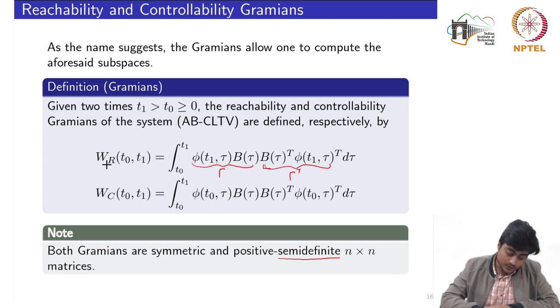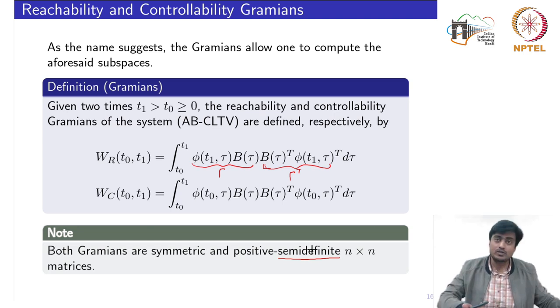Now if I take the transpose of this matrix WR, I again get the integral of gamma into gamma transpose, so this matrix is symmetric. If gamma were a scalar, then it would basically be a square, so it can never be negative; it would definitely be a non-negative number or matrix. That's why we define it as positive semi-definite, because it is either positive or 0.